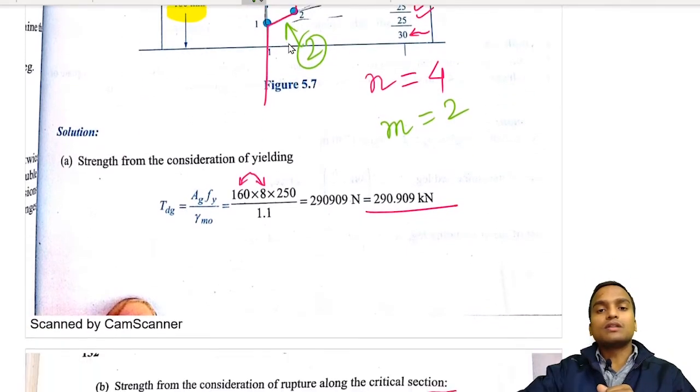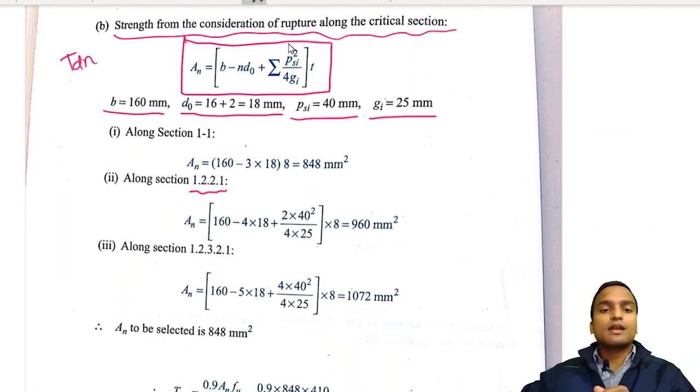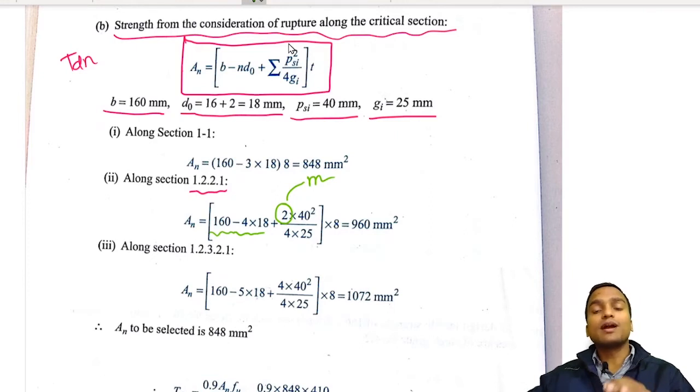So using these 2 values in the formula of An, we can write An is equal to 160, the width of the plate, minus n times the diameter of hole. Now what is the value of n? n is equal to 4, and here we have multiplied m equal to 2 with pitch squared, which is 40 square divided by 4 times gauge, and the gauge value is 25 mm.